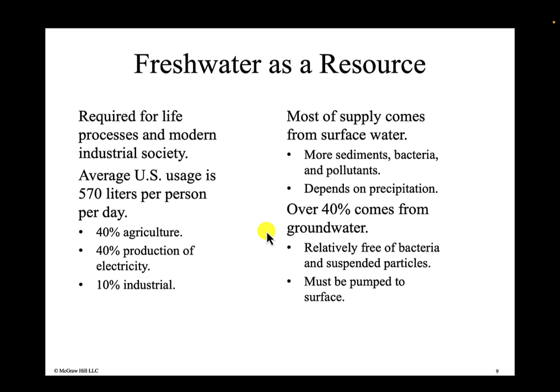Okay, I know that in your book there is a table that breaks down how much of that water you use in your household, how much percentage you're using for flushing the toilet or cooking or doing other activities.